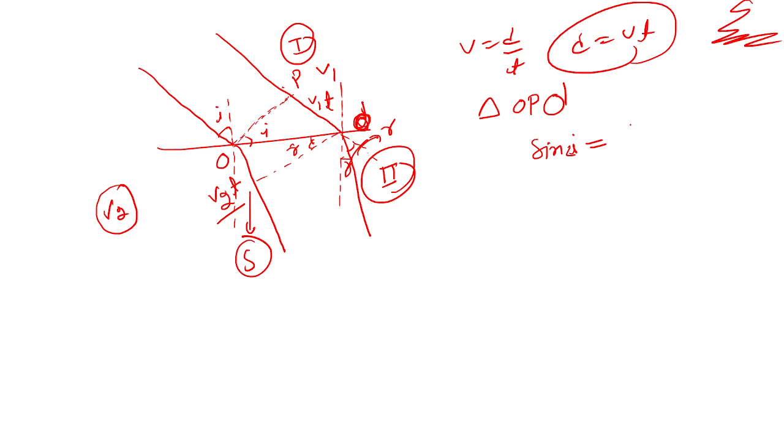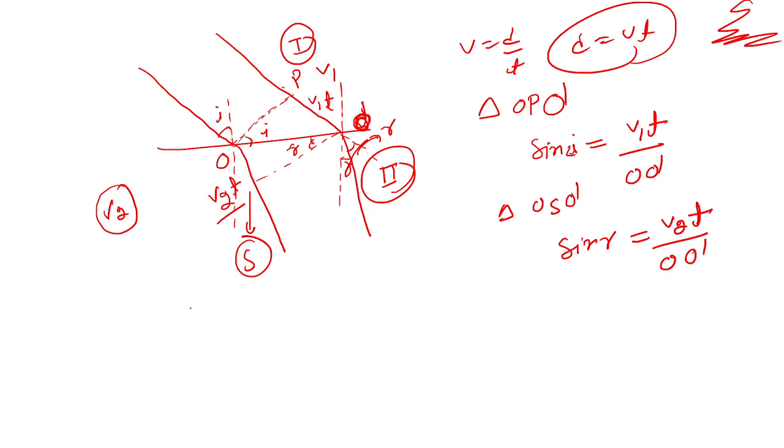And similarly from triangle O S O dash, sine R will be equal to v2 t over O O dash. We were asked to prove that sine I over sine R is equal to the refractive index ratio.